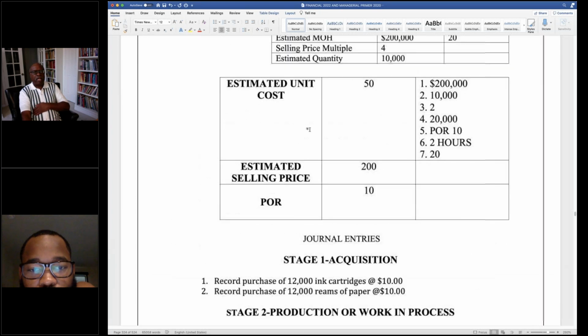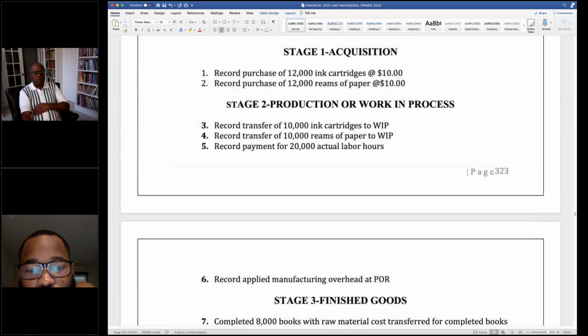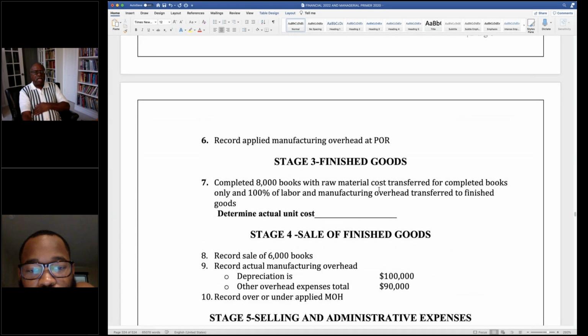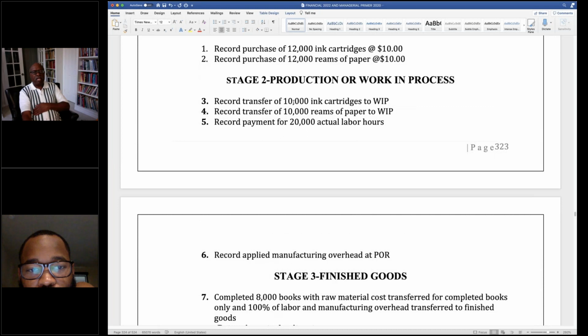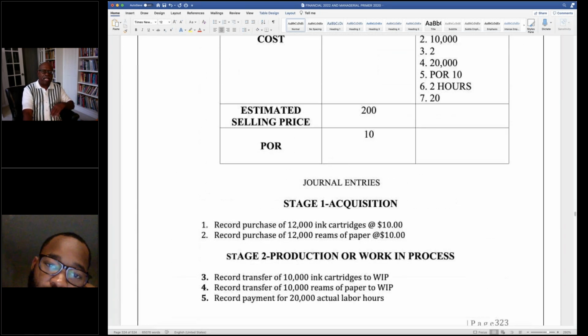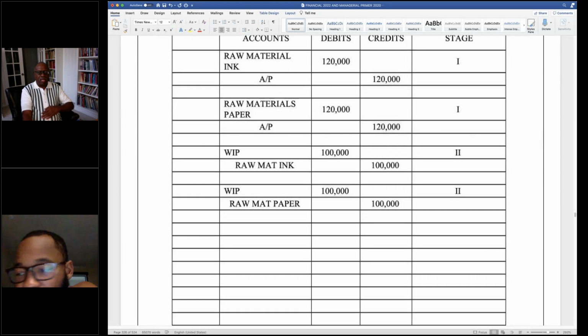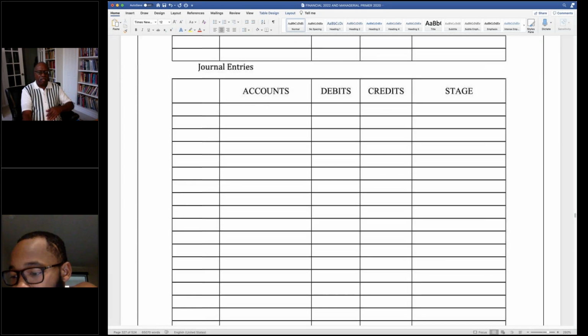If it took 2 ink cartridges, you would need to transfer in 20,000 ink cartridges, and you would have bought more. It'll be obvious that the change occurred. The assumptions will have it laid out, so it all goes back to the assumptions. Correct.